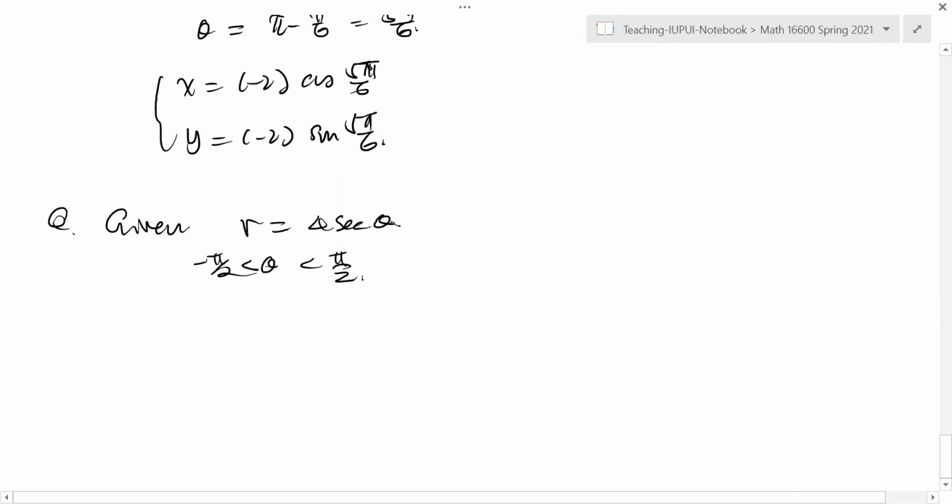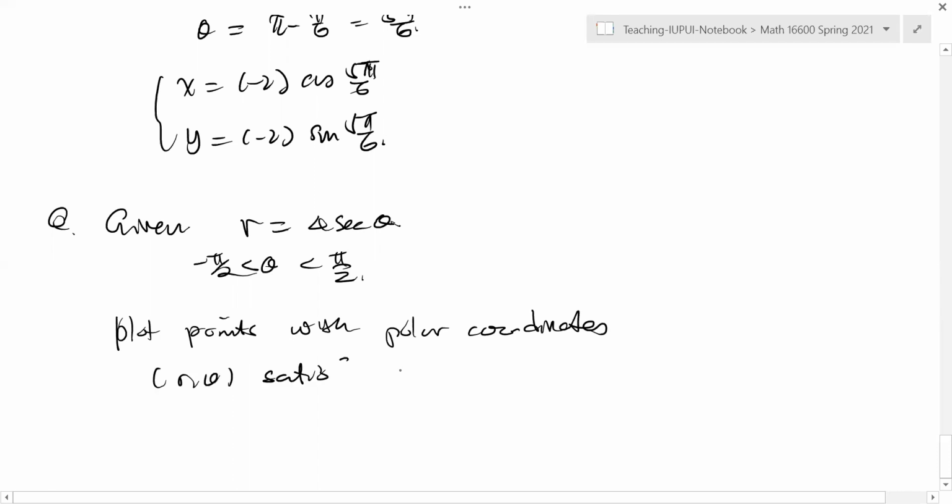So we want to plot all the points with polar coordinates r and theta satisfying the equation r equals 4 secant theta.